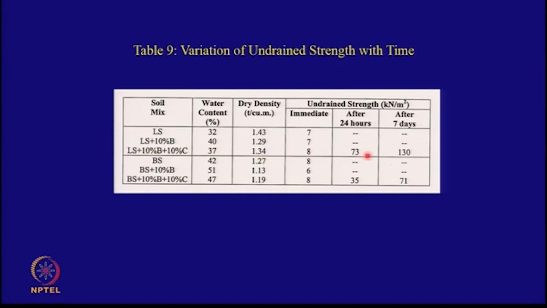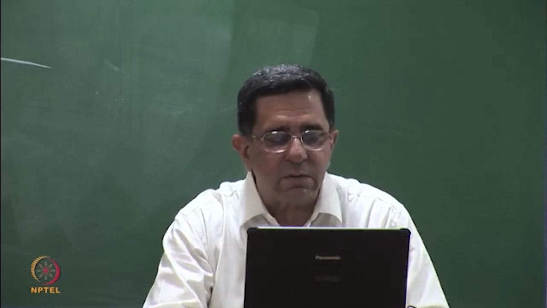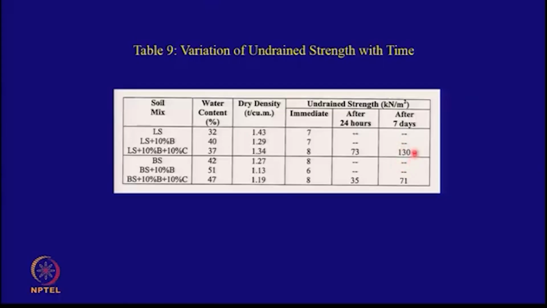After 7 days, I was able to get a strength of 130 kilonewtons per meter square, and for this one I was able to get a strength of 71. So this is the mixture that we finally used for the purpose of preparing the vertical cut-off wall.